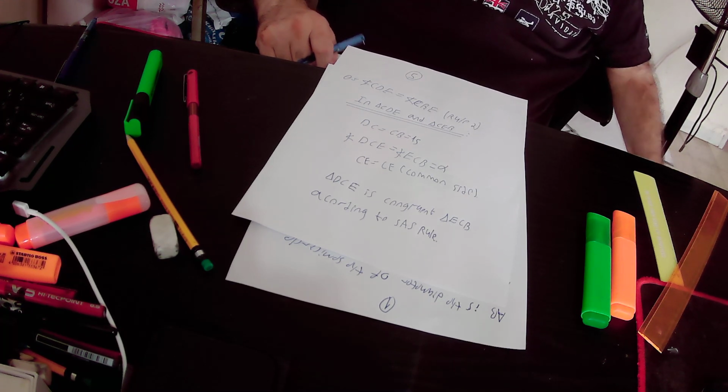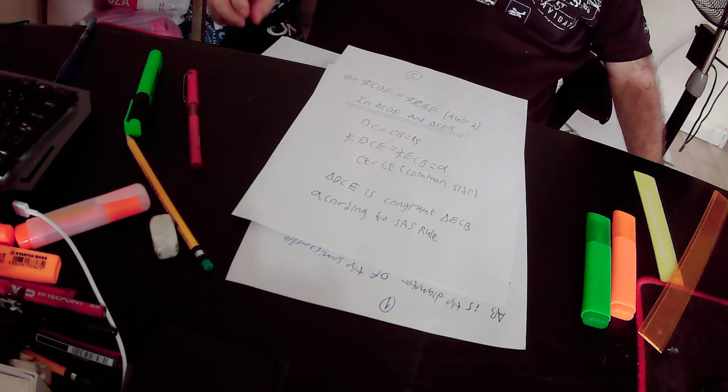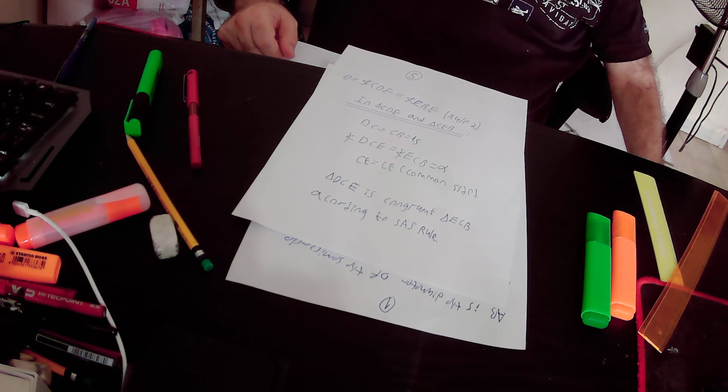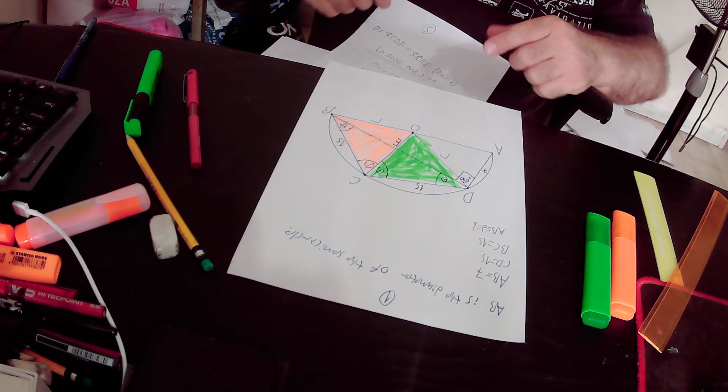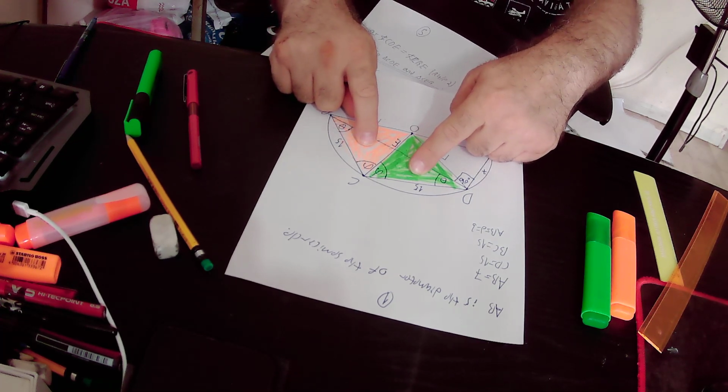The side angle side rule states that if two sides and the included angle of one triangle are equal to two sides and the included angle of another triangle, then those two triangles are congruent to each other.